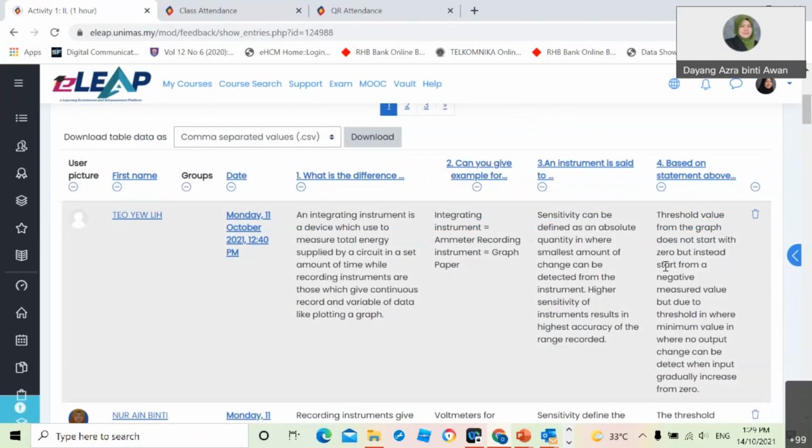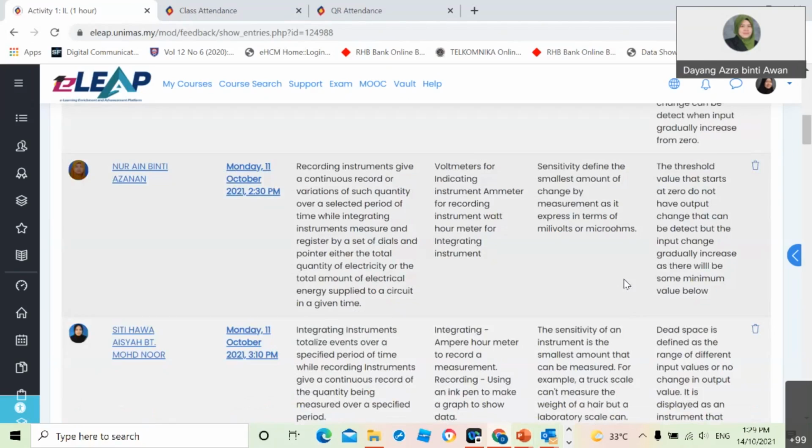Sensitivity can be defined as an absolute quantity where the smallest amount of change can be detected from the instrument. So higher sensitivity of an instrument results in higher accuracy of the range recorded. Okay, this one is a good answer.